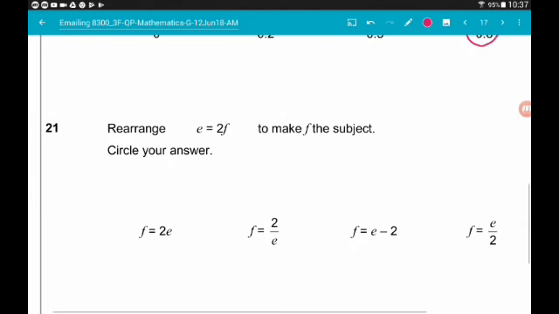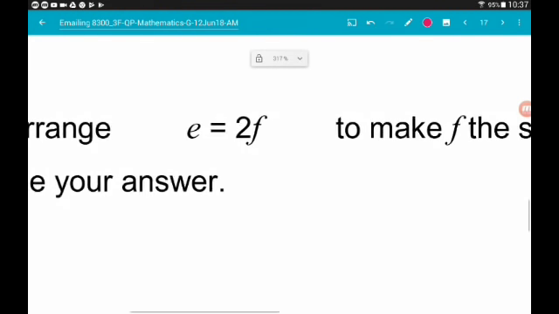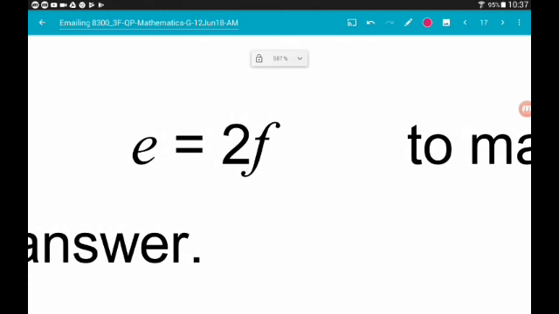21 wants us to rearrange E equals 2F to make F the subject. So to make something the subject means to get it on its own. So what we need to do with this one is move the 2.